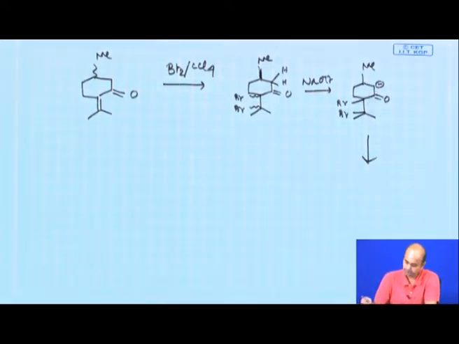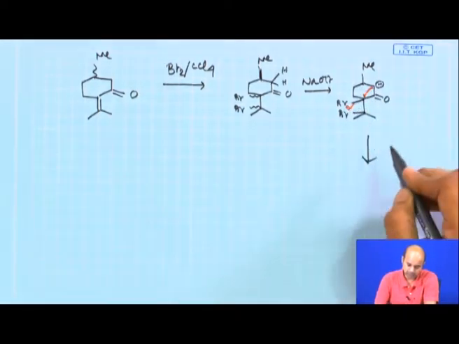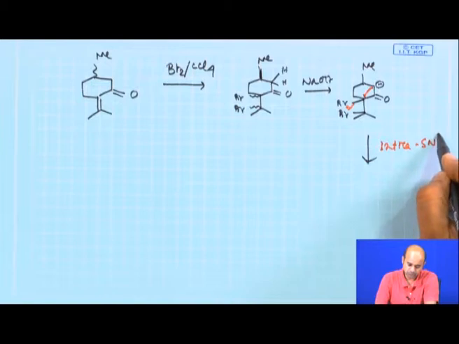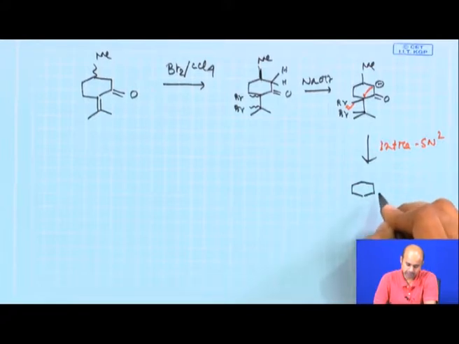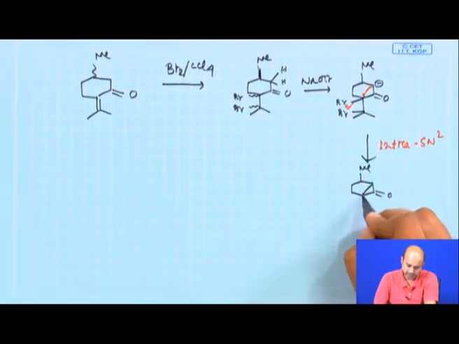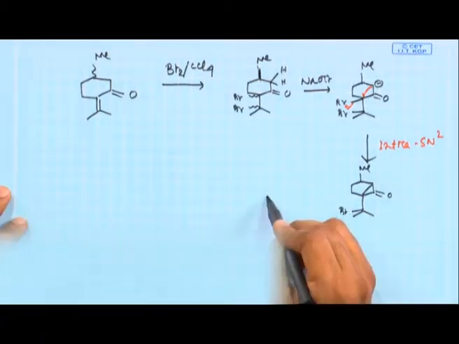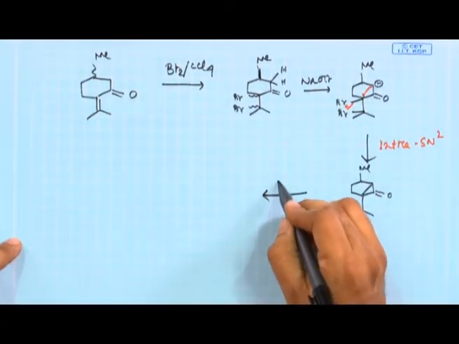So, this minus now can attack here through an intramolecular SN2 type reaction. So, we will have this Favorsky in action, and we have this 5-member ring and 3-member ring, and you see something like this. Okay.